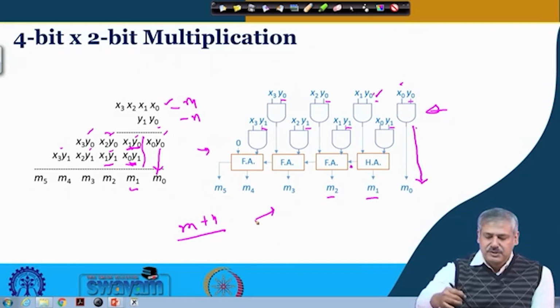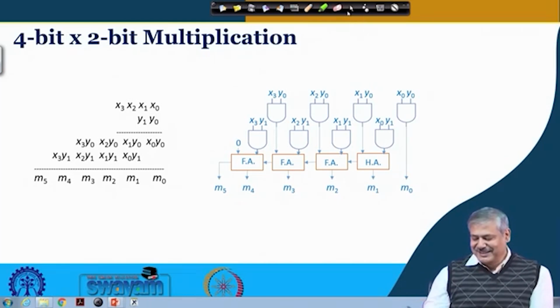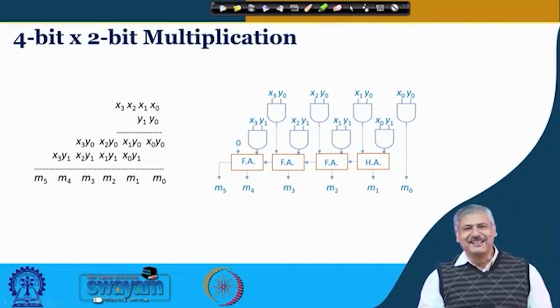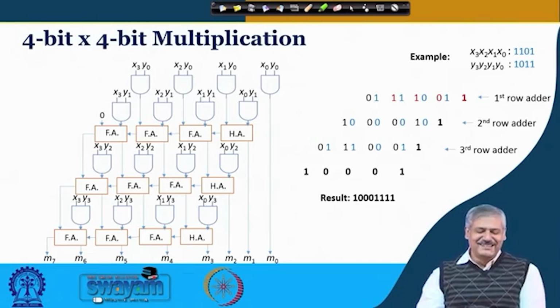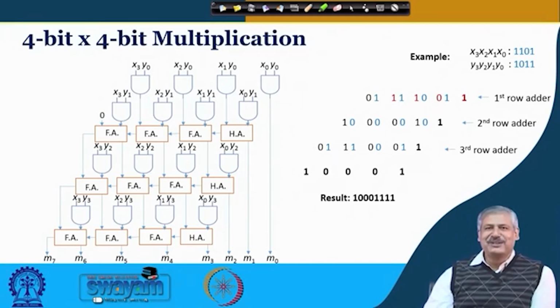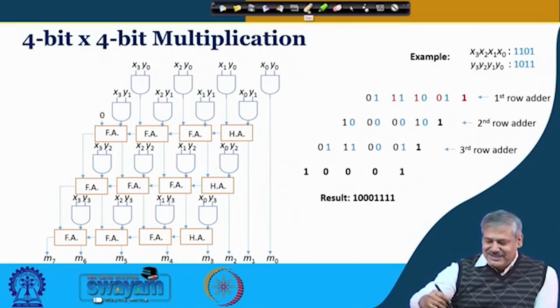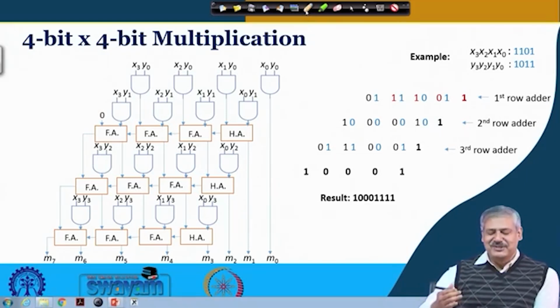Now we look at a little bit more complex thing. This is 4 bit cross 4 bit multiplication. That is why you see a little bit of complexity, for which we have reserved it towards the end of the combinatorial logic circuit related discussion. This is the way it has been arranged, stage by stage.